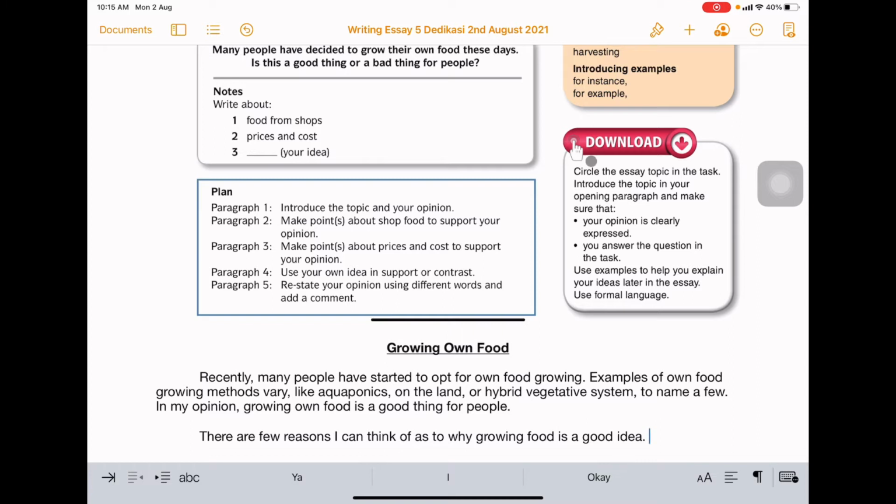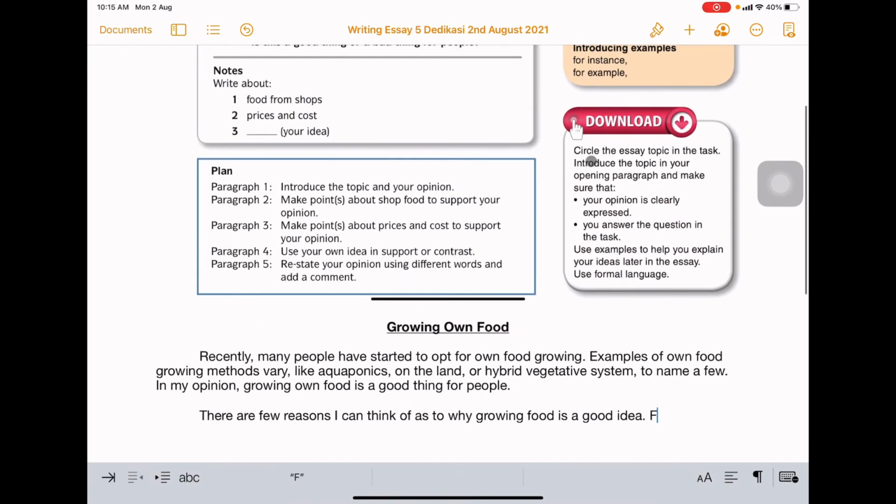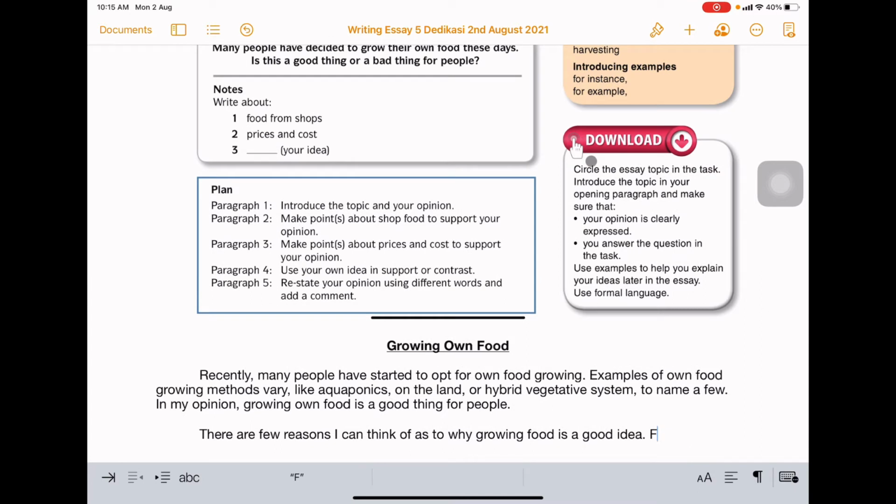Okay, so you can just write there firstly, or you can use the usual linkers that we have studied all this while.